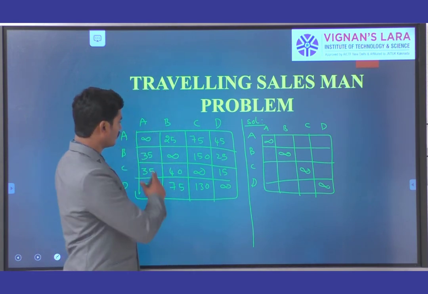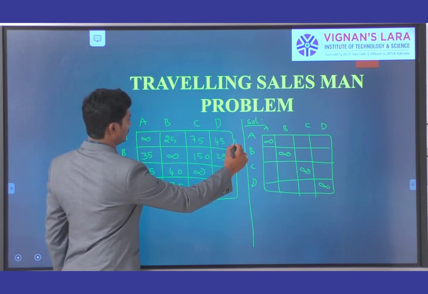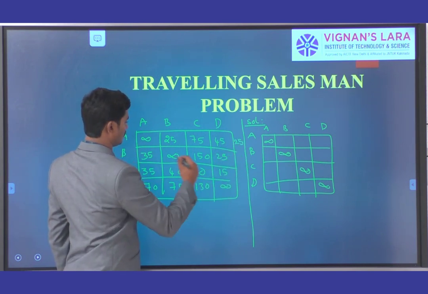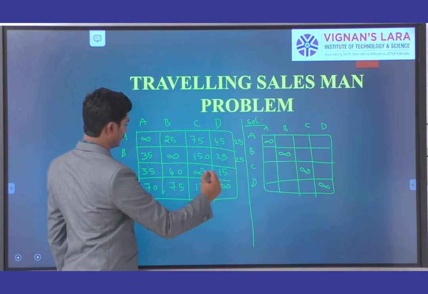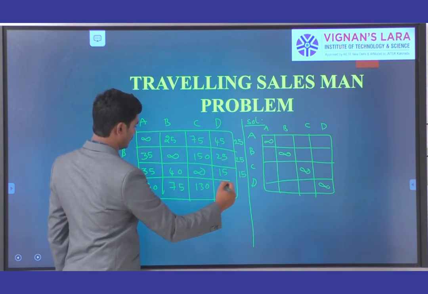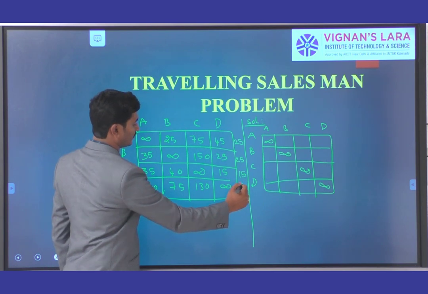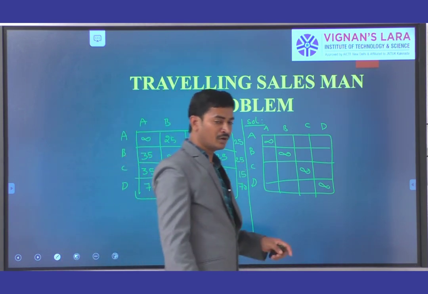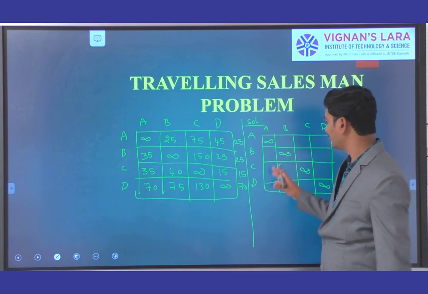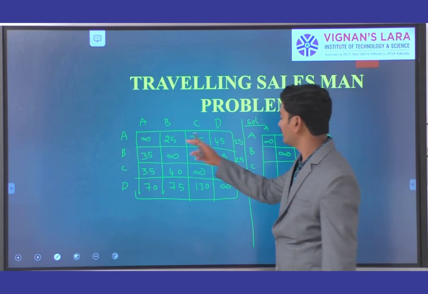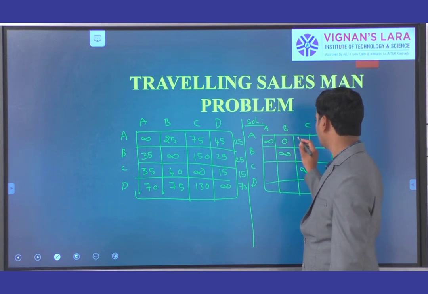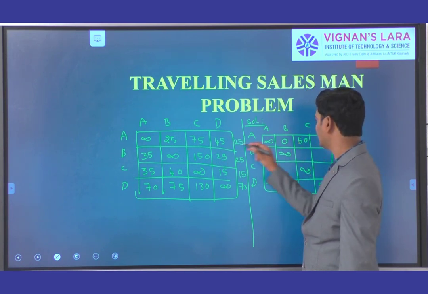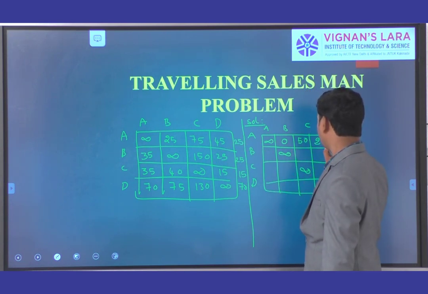What is the row minimum here? 25 is the row minimum. Next here the row minimum is also 25. Again we have 25. Here the row minimum is 50, and here the row minimum is 70. In this table we subtract the row minimum values, then we get the new values. 25 minus 25, 0. Here 75 minus 25, 50. Next here 20.